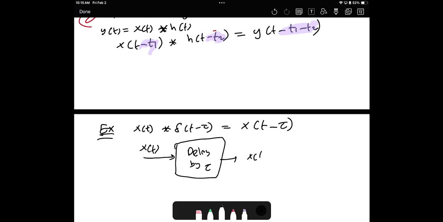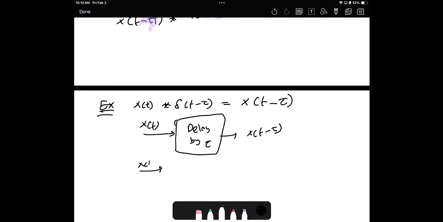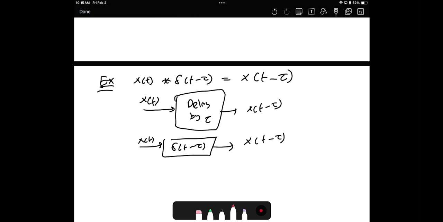This yields to be x of t minus tau. So whenever we have, again, x of t and delta t minus tau, it will be x of t minus tau. So this is the summary: delta of t minus tau in convolution means delay by tau. Okay? This is an important result.